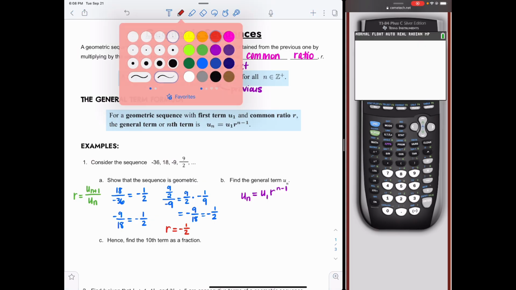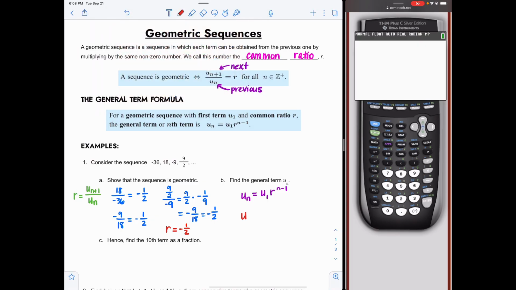We have u sub n equal to u1, which is the first term, negative 36, multiplied by our common ratio, negative 1/2, raised to the power of n minus 1. So that is our general term, or our general formula.